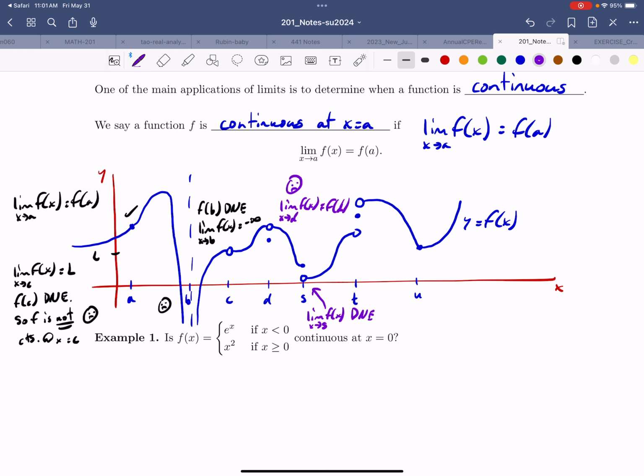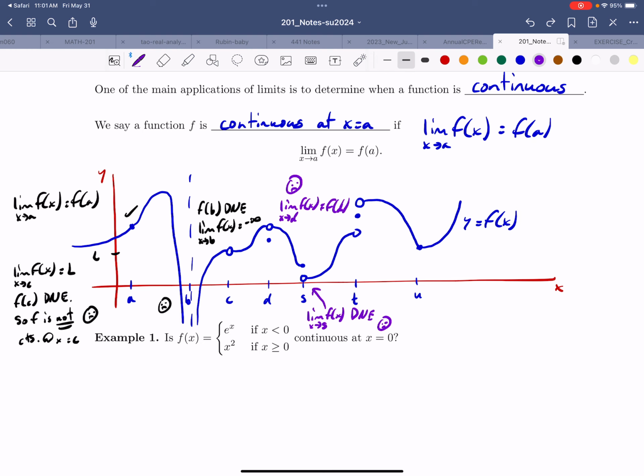So f is not continuous at s because the limit doesn't even exist. These two are called point discontinuities or removable discontinuities, whereas this is called a jump discontinuity. We'll get more into that in the guided practice.